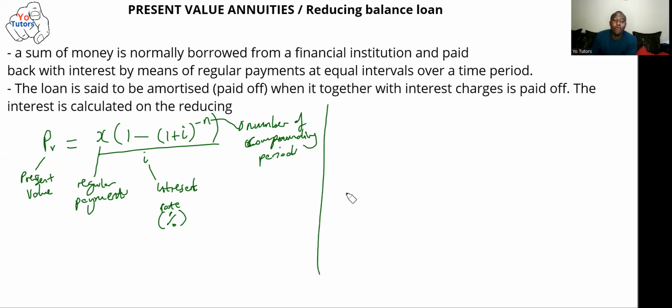Now let's look at what matters most in this class. When you are taking a loan, we have T0, where you take your loan. Then we have T1, where you start paying back, T2, and it goes on like that up until Tn.